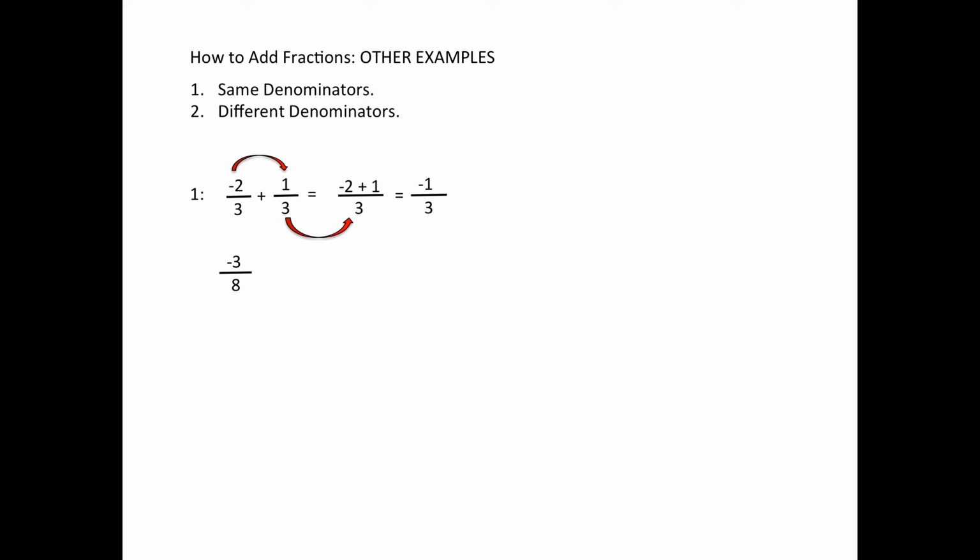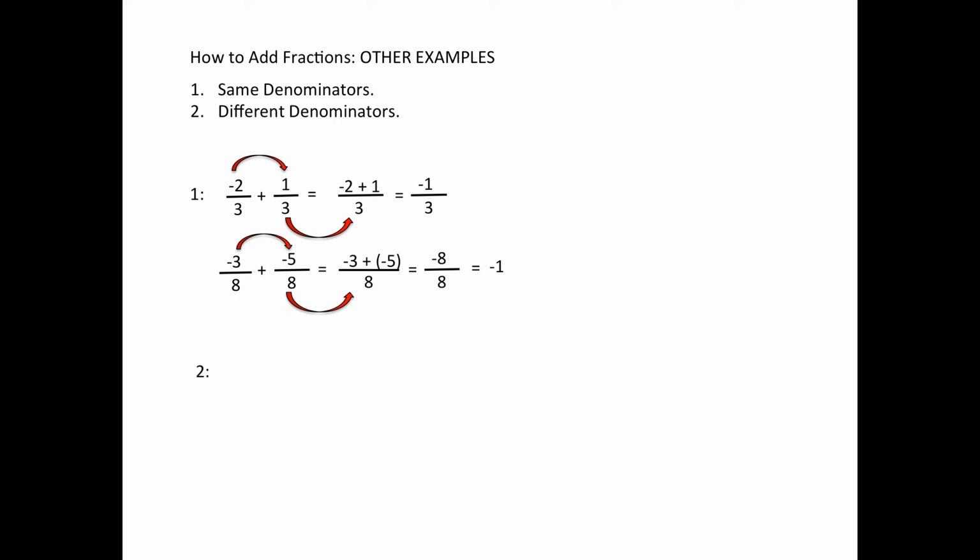Another example, negative 3 divided by 8 plus negative 5 divided by 8. Because you have the same denominator, you keep the denominator, and now you add the numerators because it's addition. Negative 3 plus negative 5 is negative 8 divided by 8, and negative 8 divided by 8 simplified is negative 1.